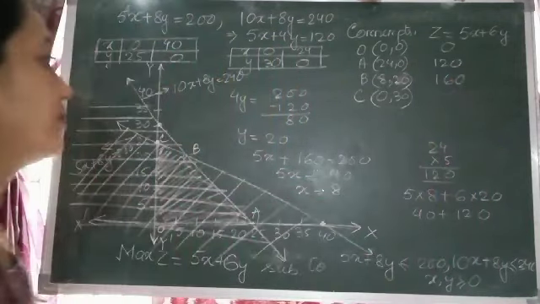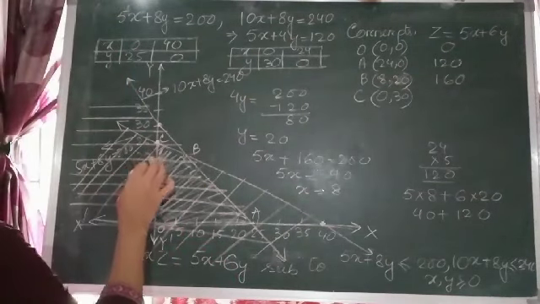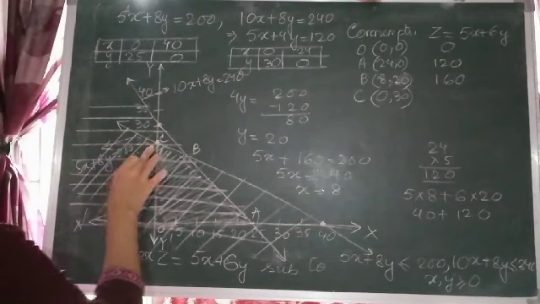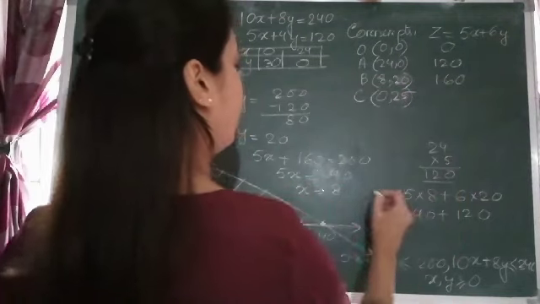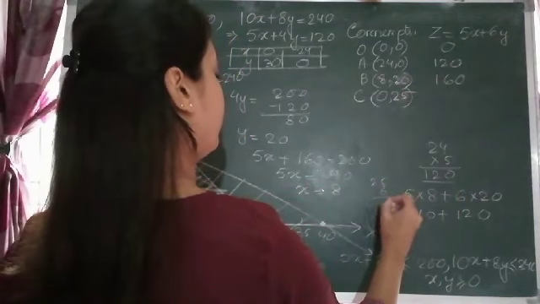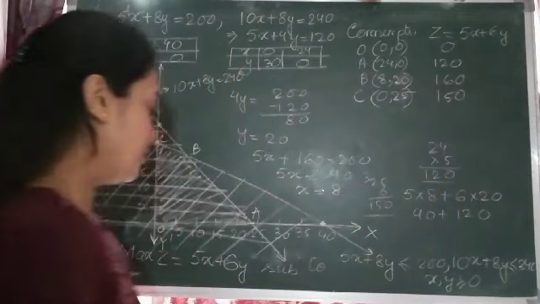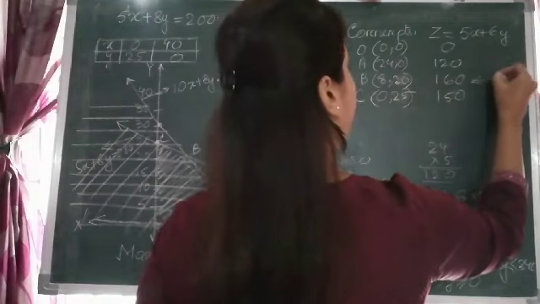And finally C, coordinate of C is 0, 30. Okay, C is lying here, so it will be 0, 25. Okay, not 30, 0, 25. So 25 into 6 will be equal to 150. So what is the maximum value of Z? The maximum value of Z is 160.